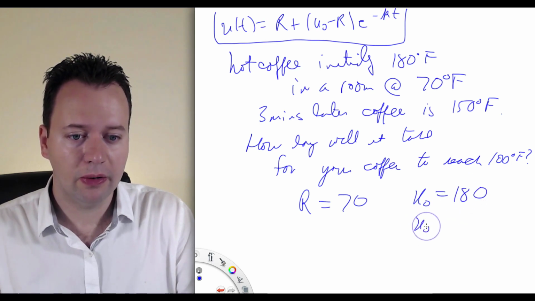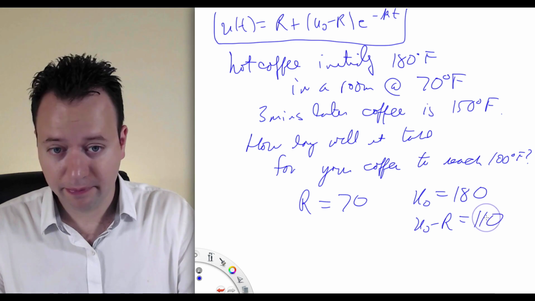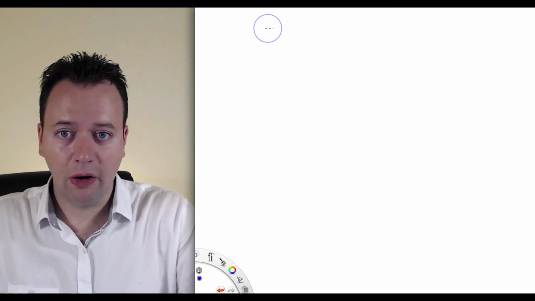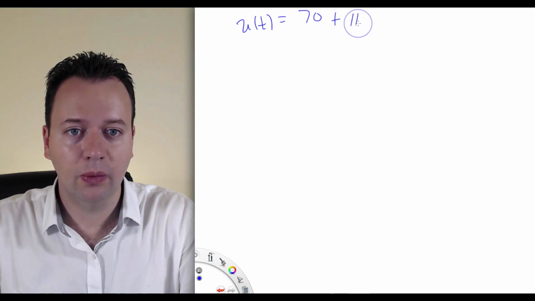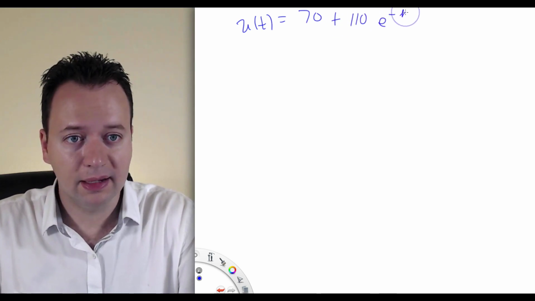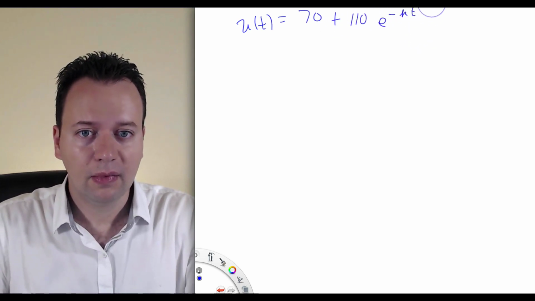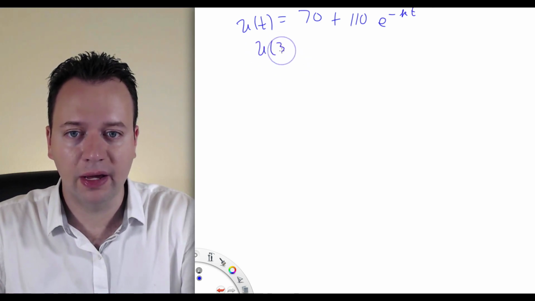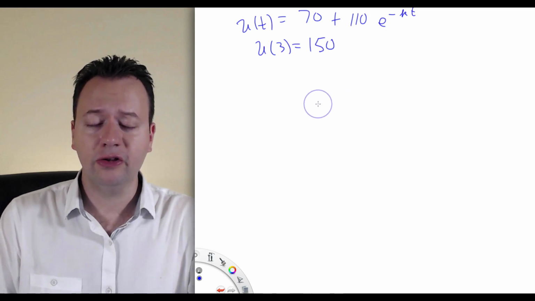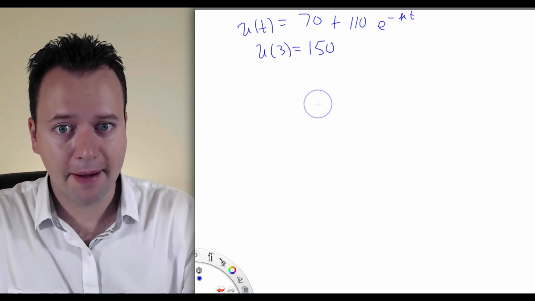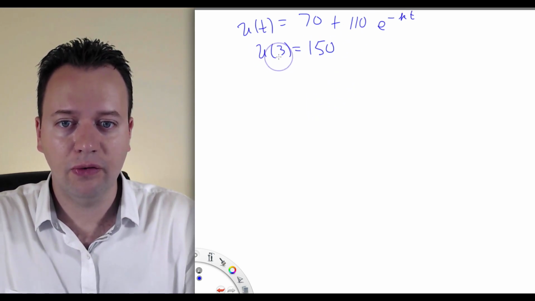So u0 minus r will be 110. So basically our function is just going to be 70 plus 110 e to the minus kt. And then we also know that u of 3 is equal to 150 degrees. So first we need to solve for the parameter k, and we'll use the fact that after 3 minutes, the coffee is 150 degrees.